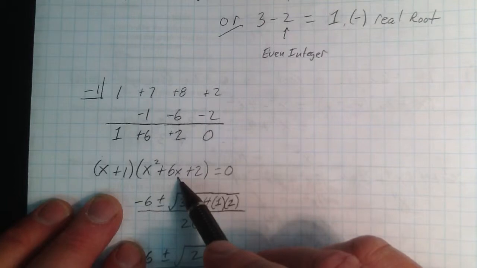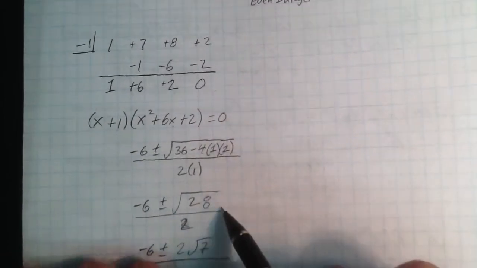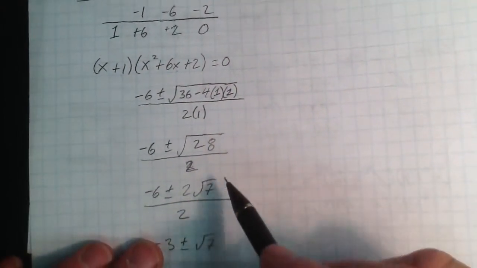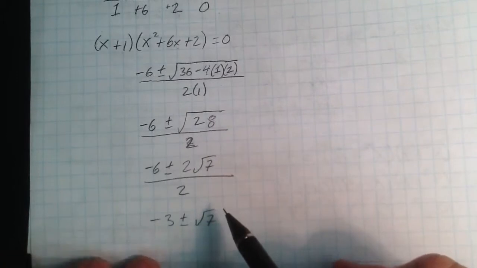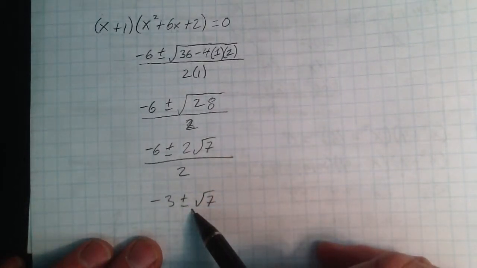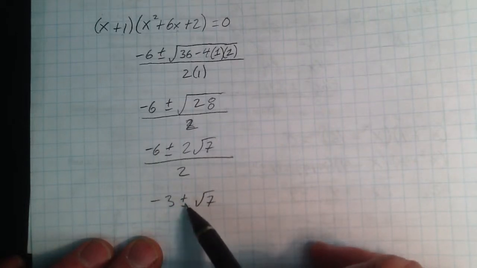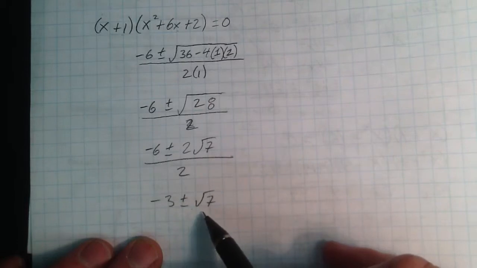Okay, and this was what's left over. That doesn't factor so pretty, so I use the quadratic formula and do a little bit of reduction. Be careful how you reduce and simplify. And so I get an irrational: -3 plus square root of 7, -3 minus square root of 7.